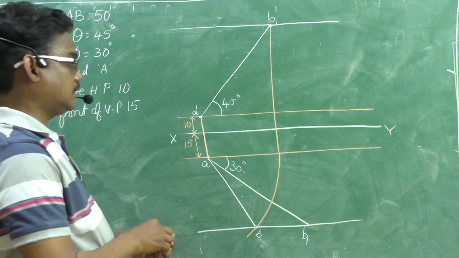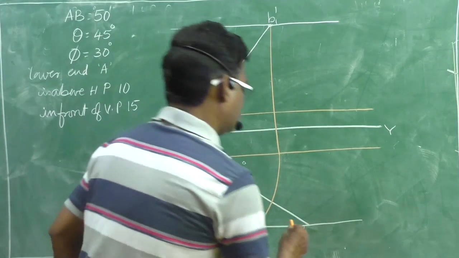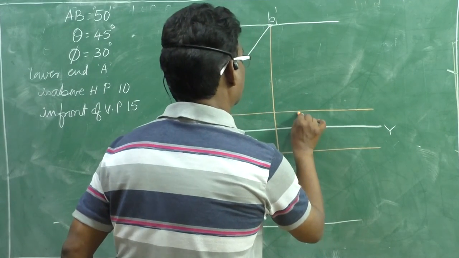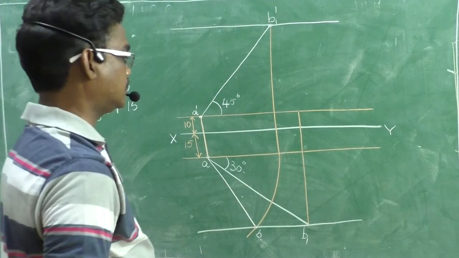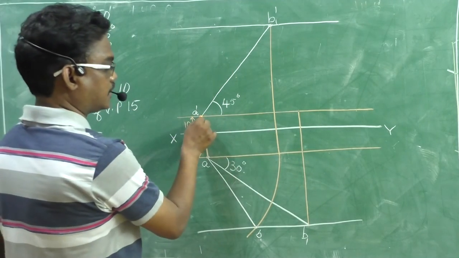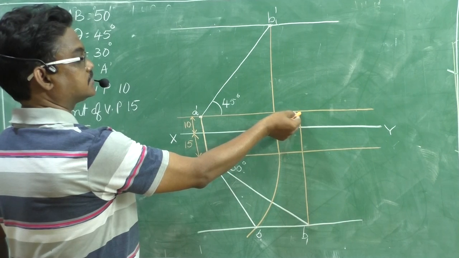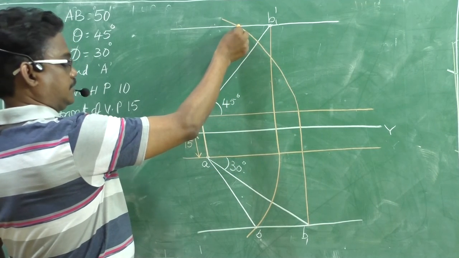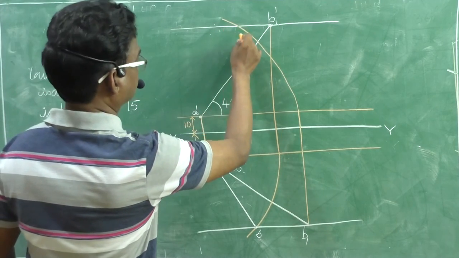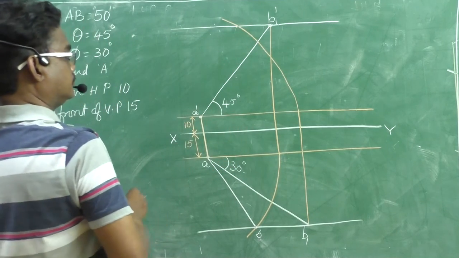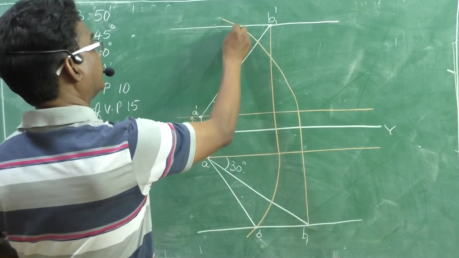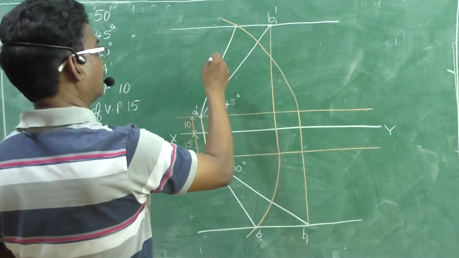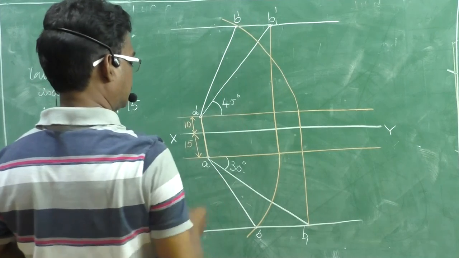Now, for the front view, project B1 up to a horizontal line which is passing through A dash. Okay, with that A dash as center, rotate it, it will cut here. Right? And if you draw a line in between these two, this will give us the required front view. This is B dash. Okay?